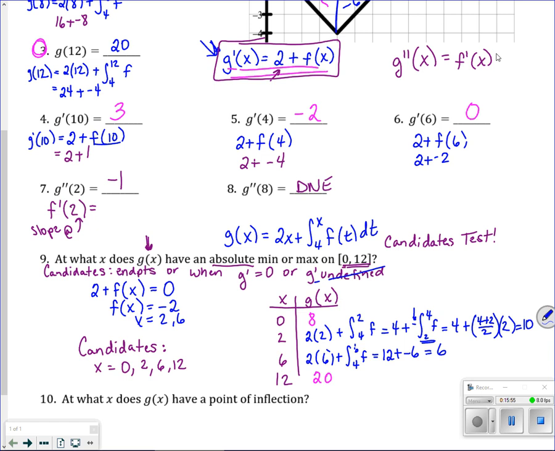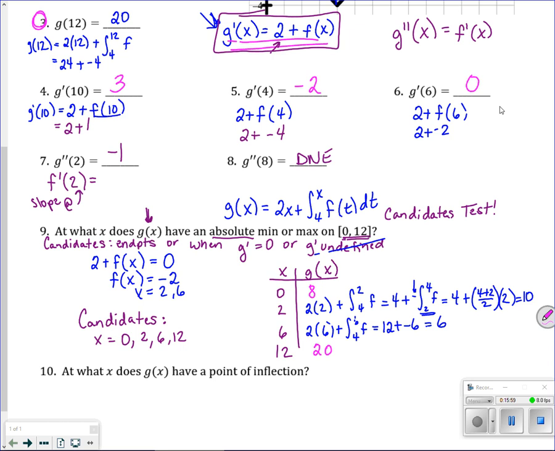And at this point, once I have done that, those are my candidates. I have looked at the y values. I am comparing 8, 10, 6, and 20. I read carefully. Notice it says at what x, so it's just asking me for the x values.